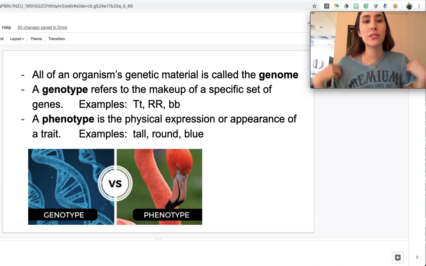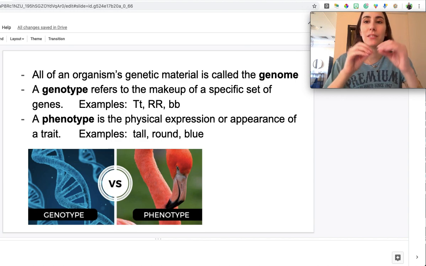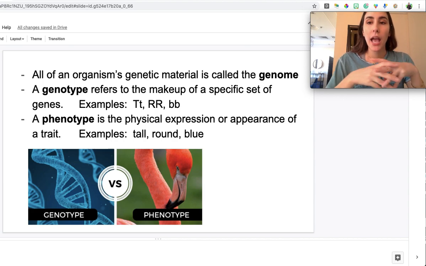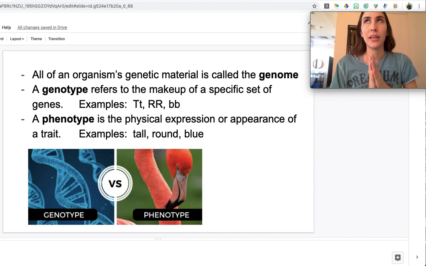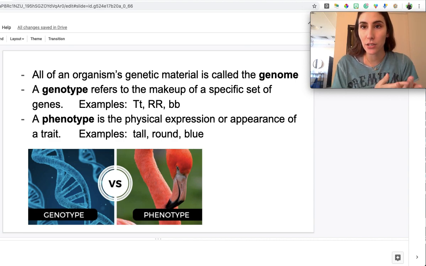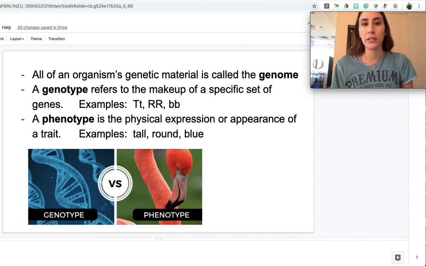And a genotype is basically referring to the genetic makeup of the organism or the genetic makeup of a specific gene. And we usually represent that with a letter, okay? And these letters are arbitrary, meaning we choose any letter we want. It's not like a specific gene has to be represented by a specific letter. A phenotype is a physical expression or appearance of a trait.